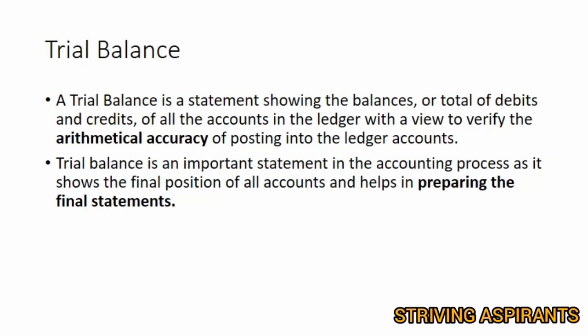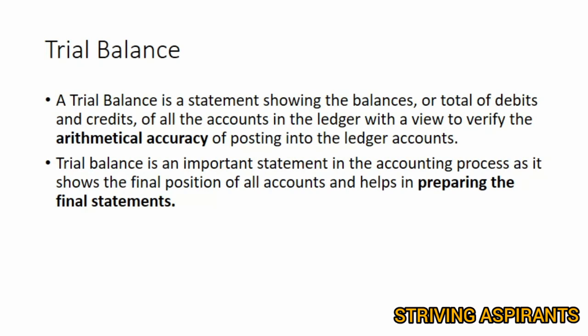So, the most important thing related to trial balance is to check whether all the amounts are correct. That is one of the important objectives of preparing a trial balance. After that, another objective is that this will help to prepare the financial statements. If there is any mistake in the trial balance, we can't proceed to prepare financial statements.